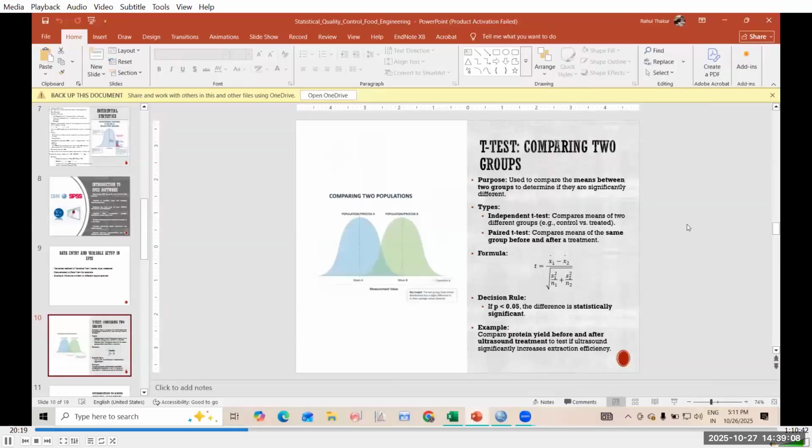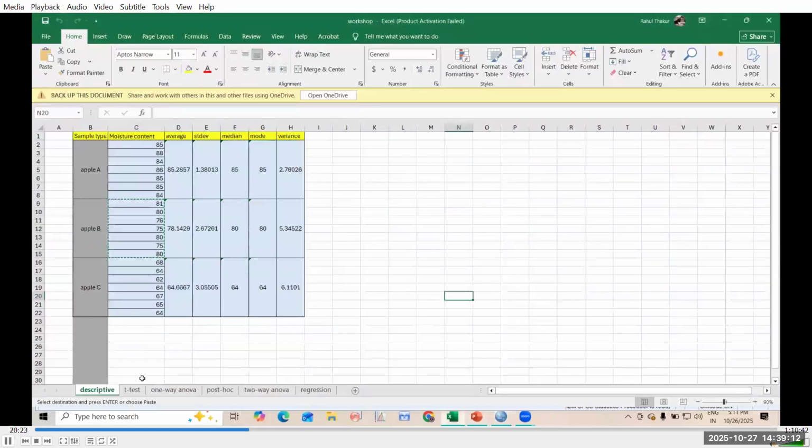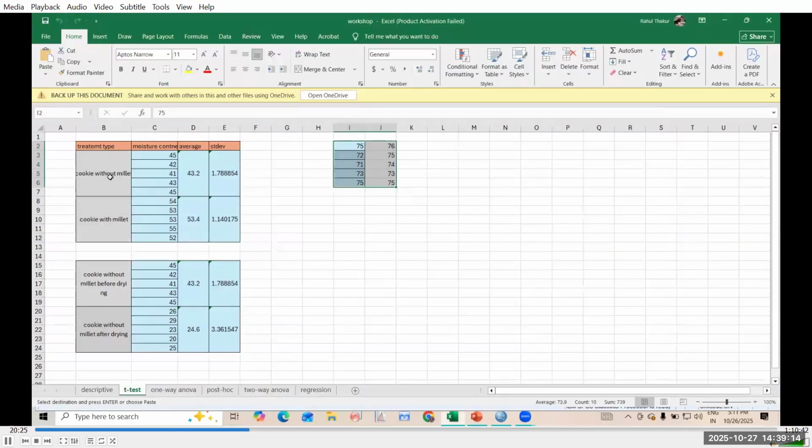Let's go to the Excel file. These are two types of cookies, one without millet and another with millet, and we have measured different moisture content for both types of cookie.